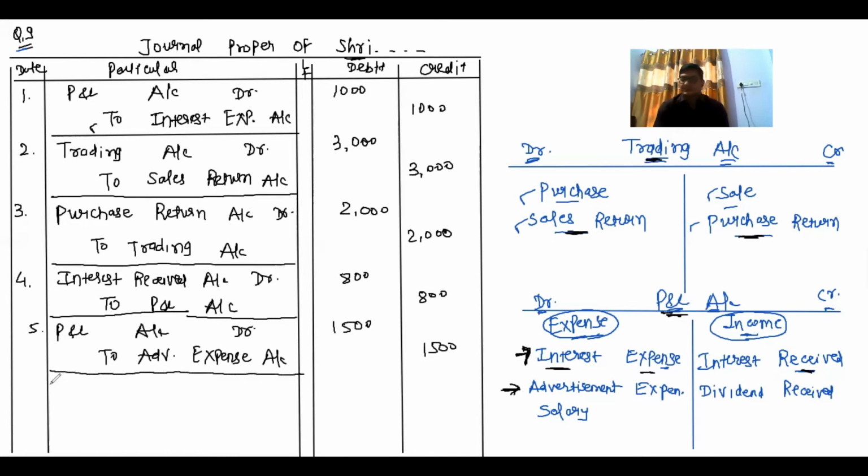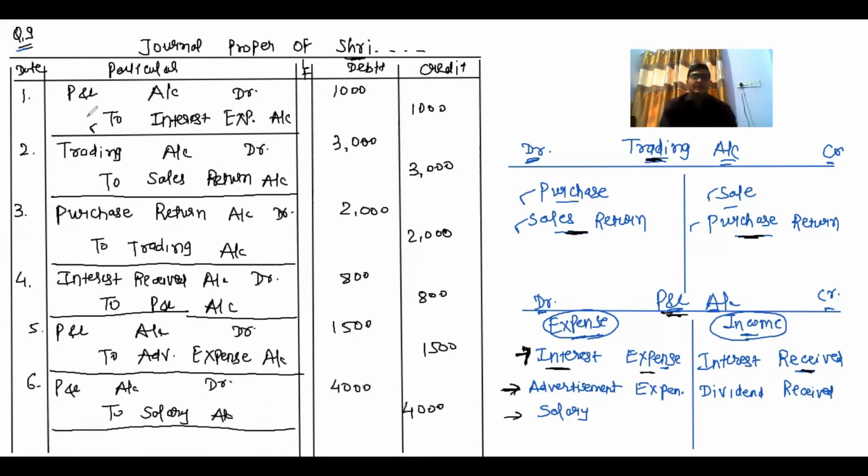Point number 6, salary account. Salary is again on the debit side of P&L account. So P&L account debit to salary account. Amount is 4000. Got it? Then three entries are pending, so I am erasing the first few entries.